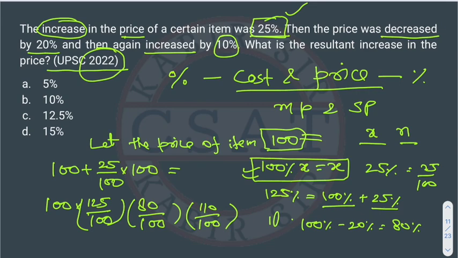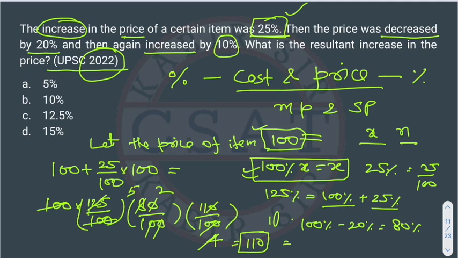So this will be the final price. So now we will solve it and we will see what the final price of the product is. Okay, so from here, the final price of the product is 110. And what was the initial price? The initial price was 100, we assumed 100, right?